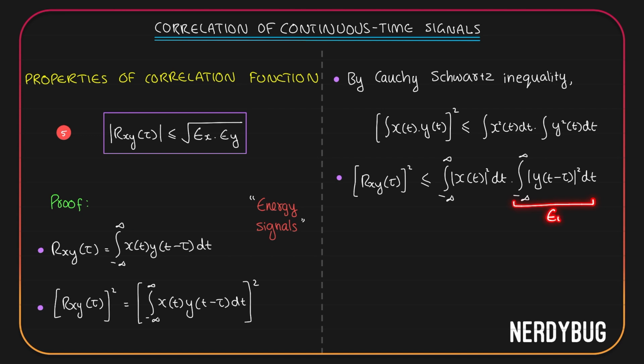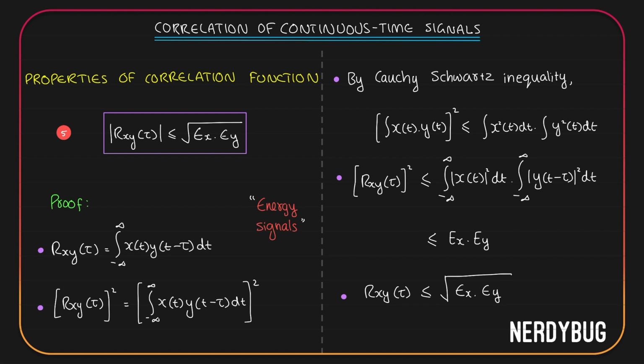So this is now going to be Ey. So we can write this is less than or equal to the product of Ex and Ey. Taking root on both sides, we get Rxy of tau will always be less than or equal to the root of the product of Ex and Ey.